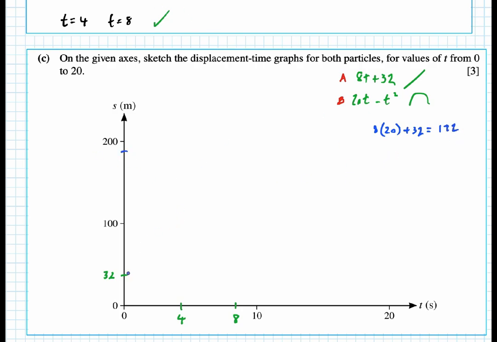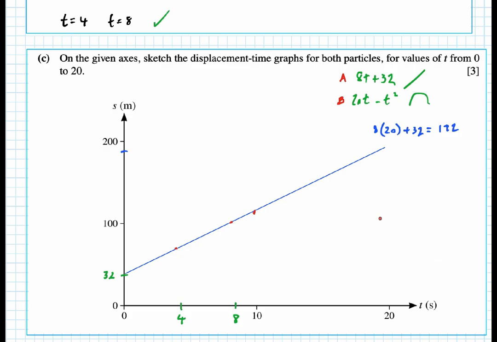So we can see for straight line at 20 seconds, we went to 192 meters. So I can put in the full line there. And we've quadratic and negative quadratic, so it's like an N shape.